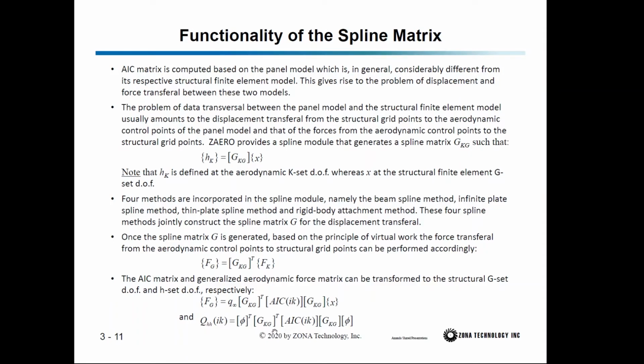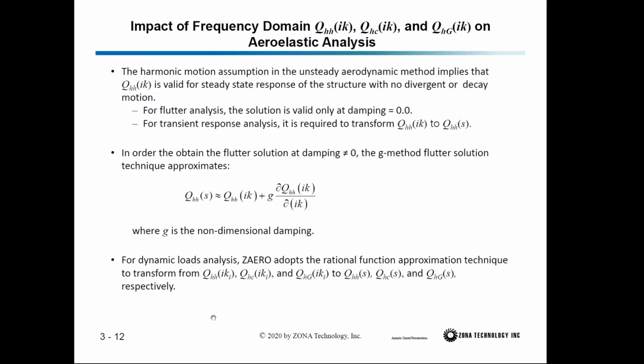And then if you want to calculate the GAF, you use the AIC pre and post multiplied by the spline matrix, and also pre and post multiplied by the motion matrix, that will give you the QHH matrix. The harmonic motion assumption in the unsteady aerodynamic method implies that the QHH is valid for steady state response of the structure with no divergent or decay motion.